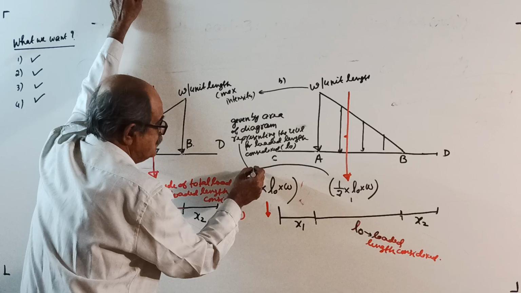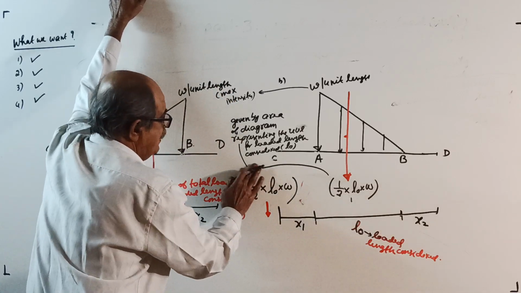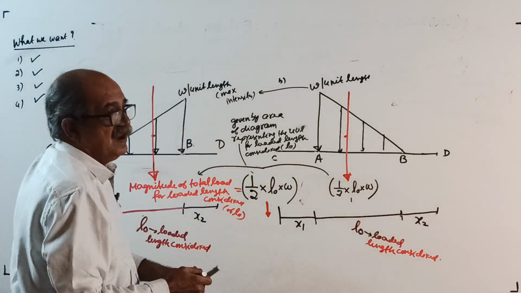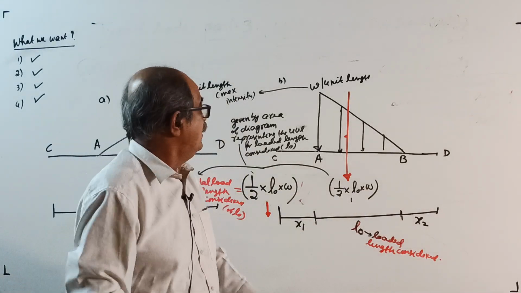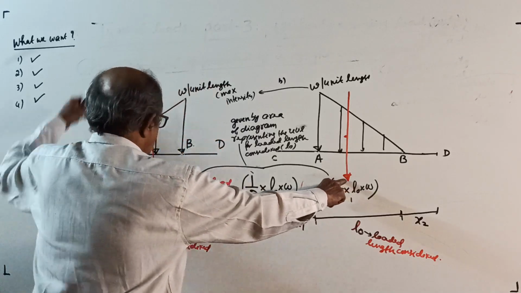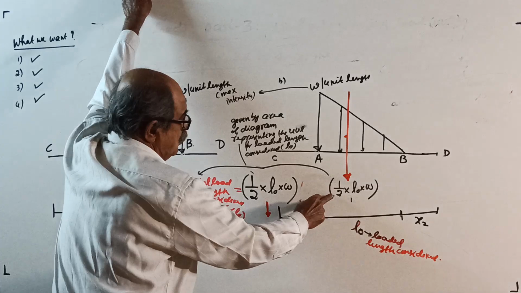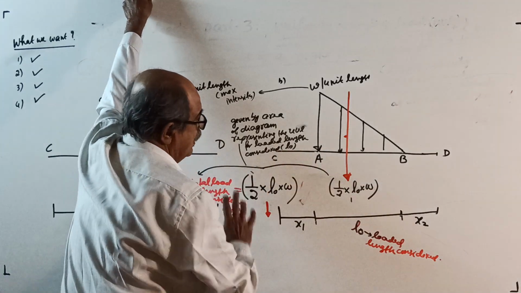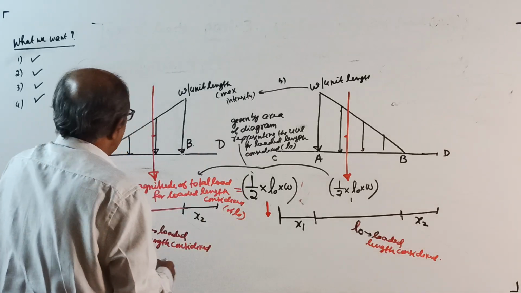Same statement here also. Those who are serious, once again write here: magnitude of total load for loaded length considered equal to half into L naught into W, that is for loaded length given by area.